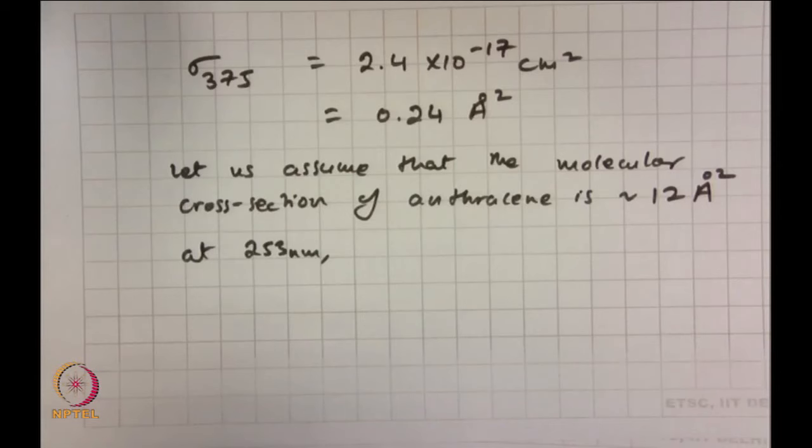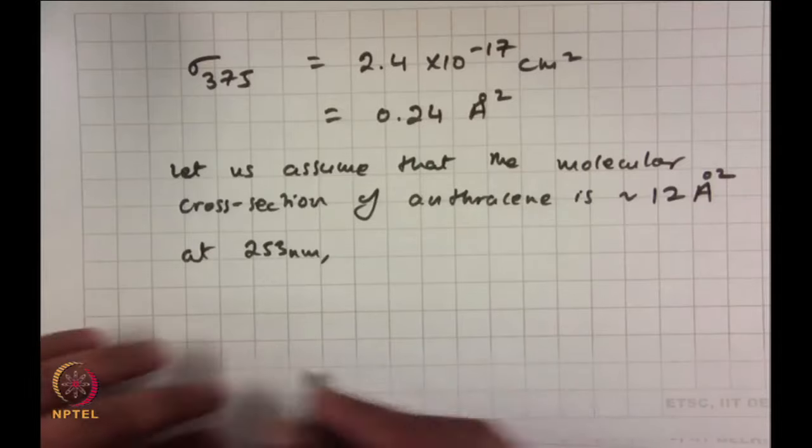What is it for the full molecule? 12. So, what it is saying is, whatever incident photons you have, because 6 is half that of 12, that means at least 50% of the photons would be absorbed by the molecule at any given time. Why? Because your absorption cross section area at that wavelength is just half of your total molecular cross section area.